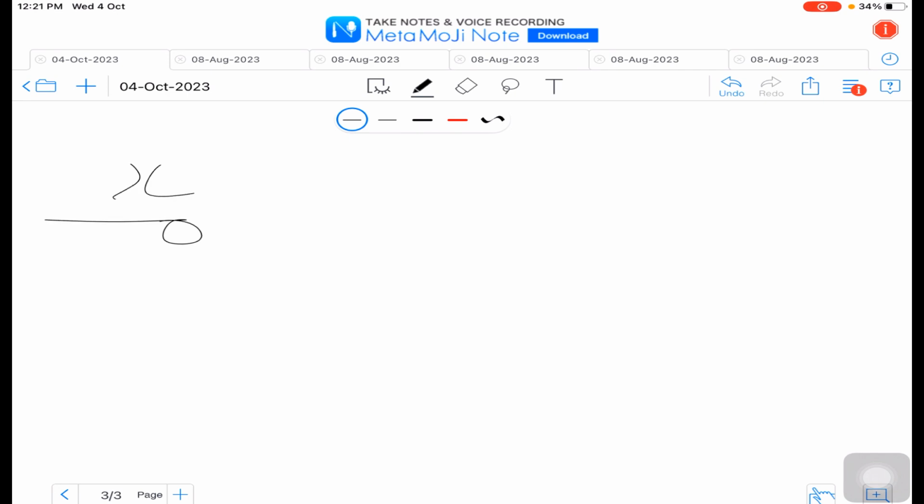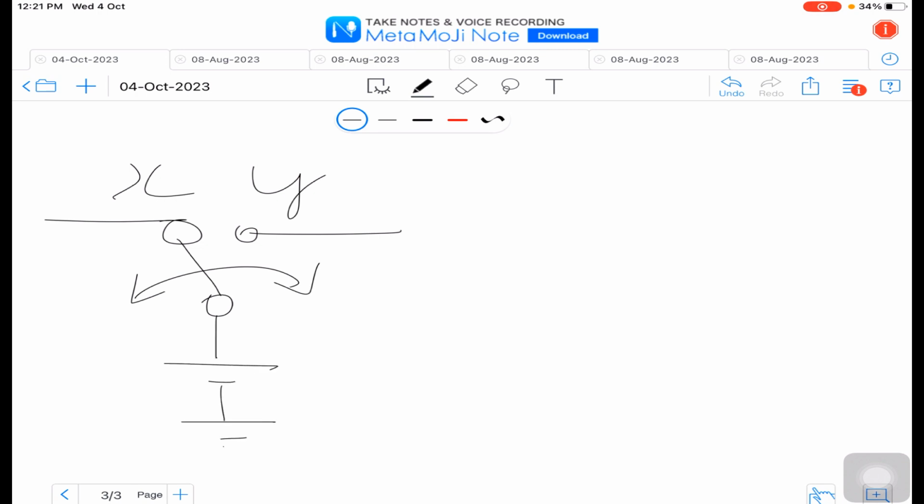Now let us consider this contact as X and this contact as Y. So this X contact is connected, interlinked between, the voltage V is earthed.